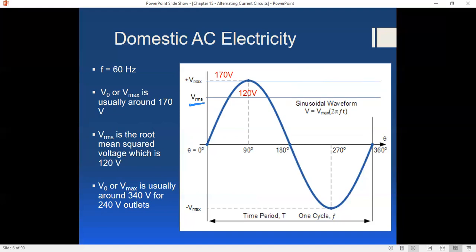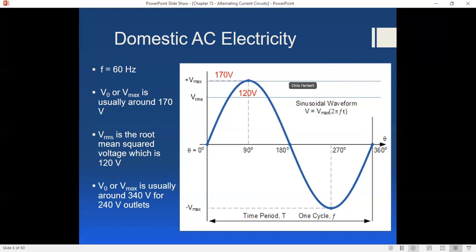If you think about root mean squared, we're taking the small v as a function of time, and we're taking the average of the voltage squared, and then we're going to take the square root of that.